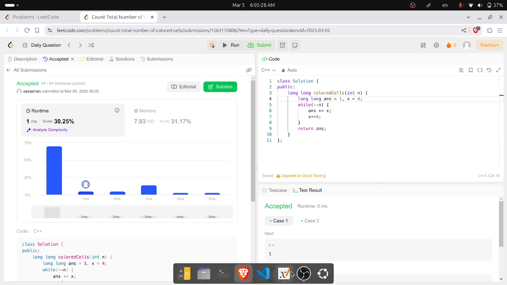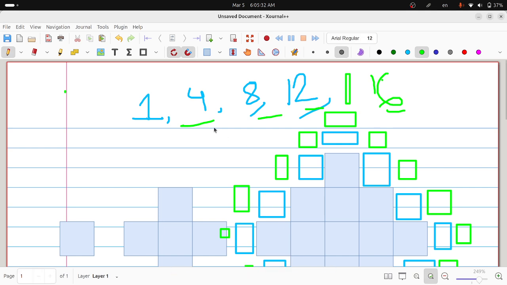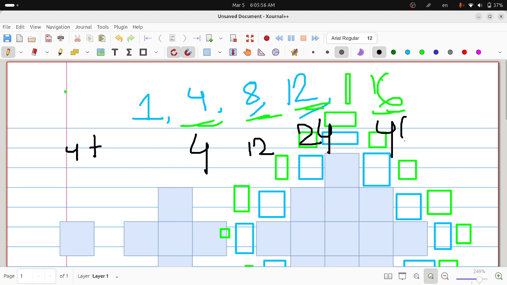So I think I can. I'll just have to find a pattern. So I'm adding 4 more every time. So what do I do? 4 plus, so 4, if I sum it up, there will be 12, then 24, then 40.